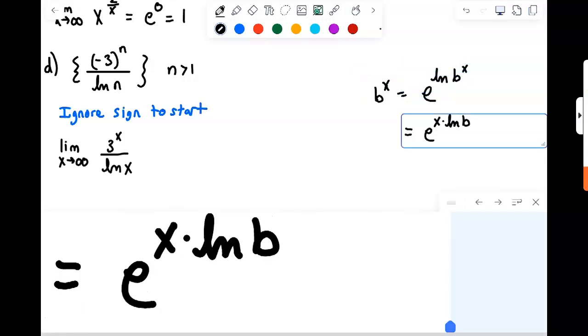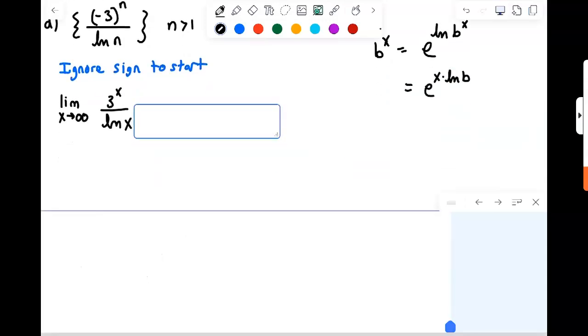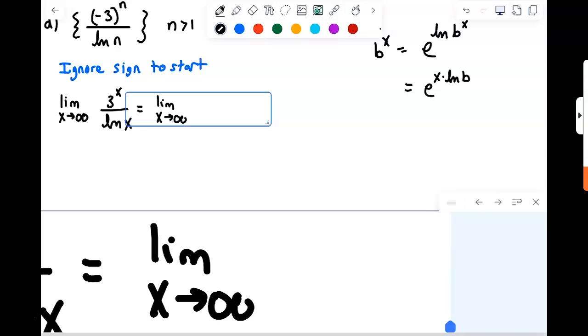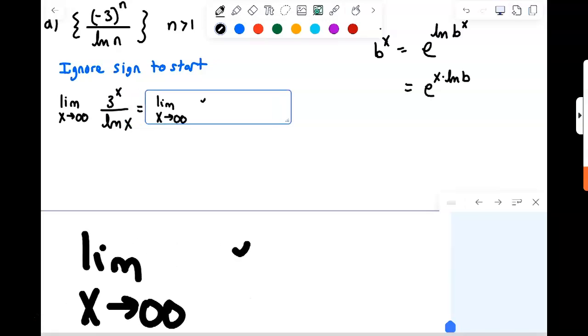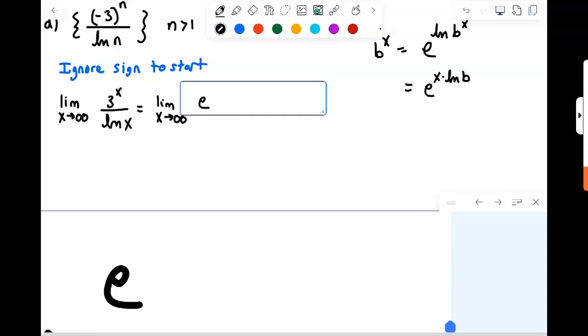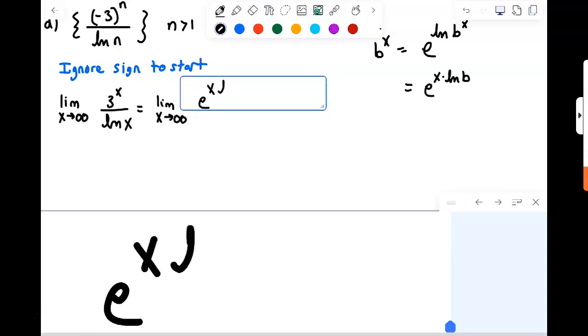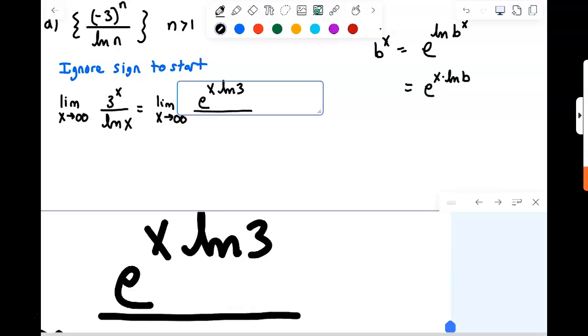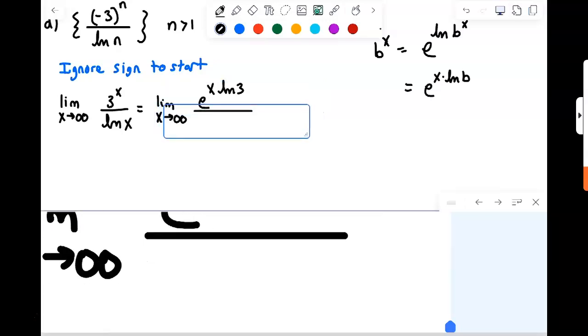But here I'm just using the properties of exponents to write it as an exponential function. So I need this in terms of e so I can actually talk about its derivative. So the limit as x goes to infinity of e to the x ln of 3. Ln of 3 again is just some number divided by ln of x.